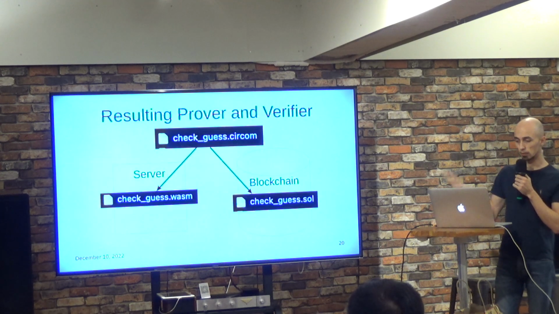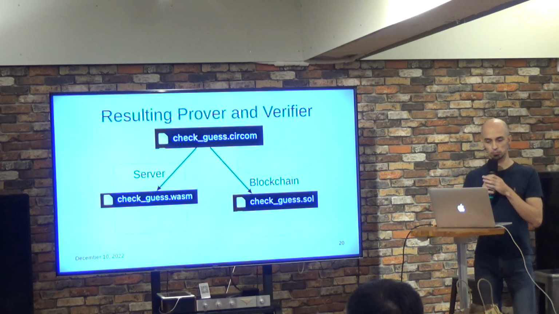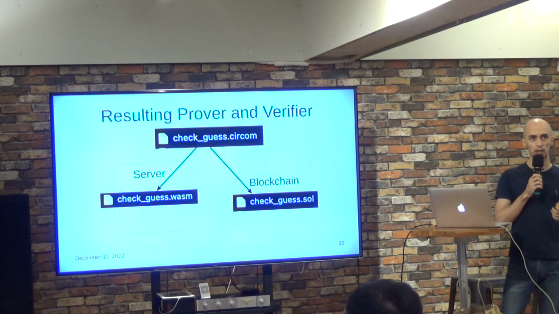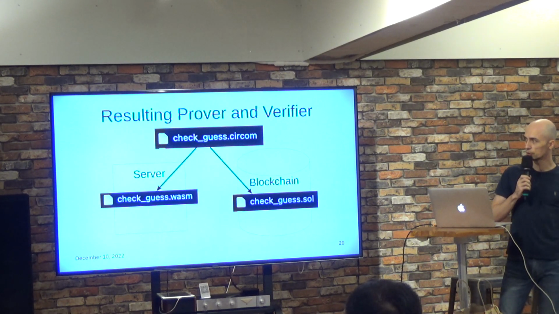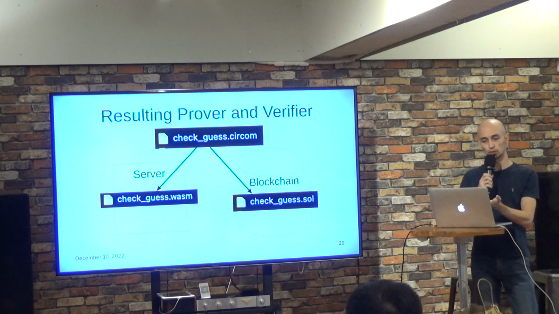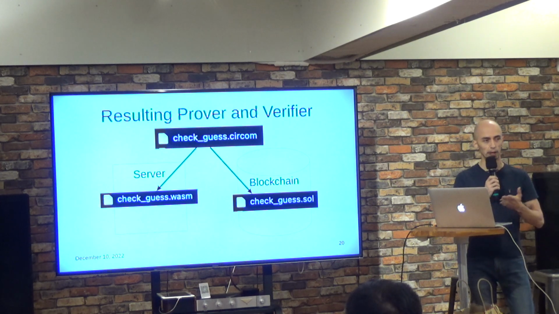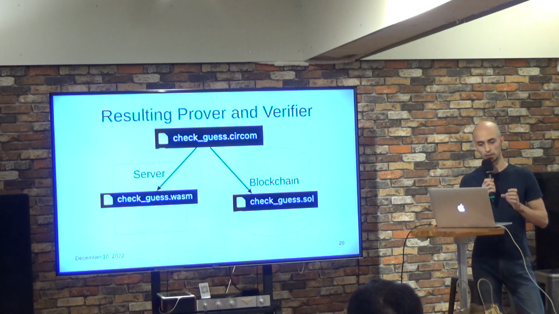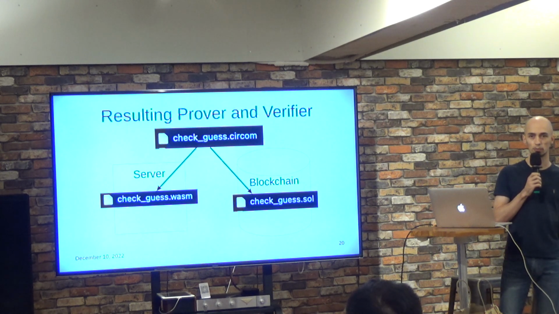Then when we finally need to put it all together and use it in our app, in our architecture, what we do is we just take the CIRCOM circuit and we compile it. In case of snarkjs, the result is a WebAssembly file of a prover that we can run in any JavaScript environment.